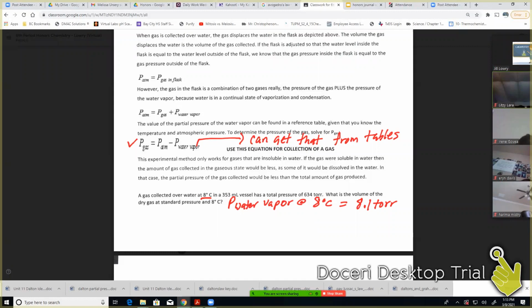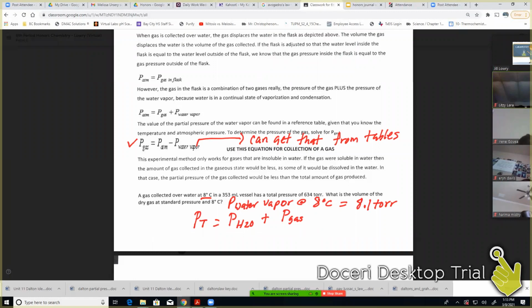So here it says we have a total pressure of 634 torr. So that total pressure is the pressure of the water plus the pressure of whatever gas we're actually interested in collecting. So it's like I'm collecting that gas, and a byproduct of it is some water vapor.